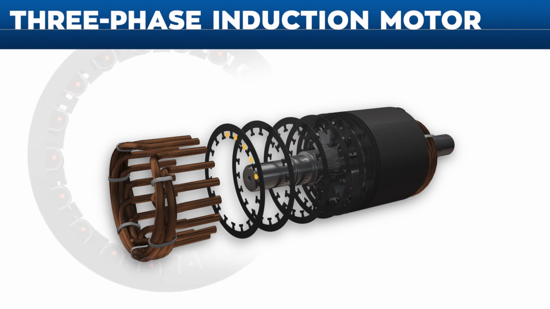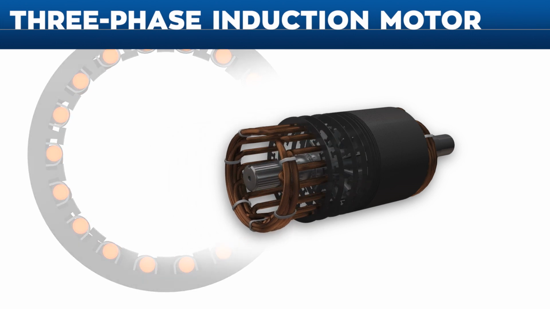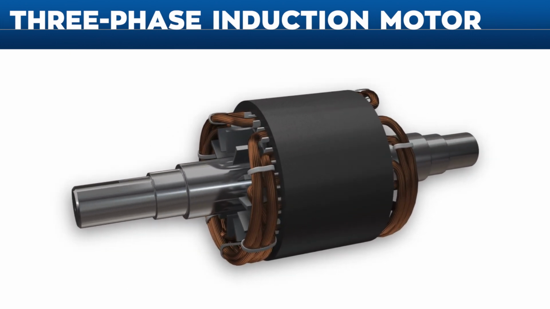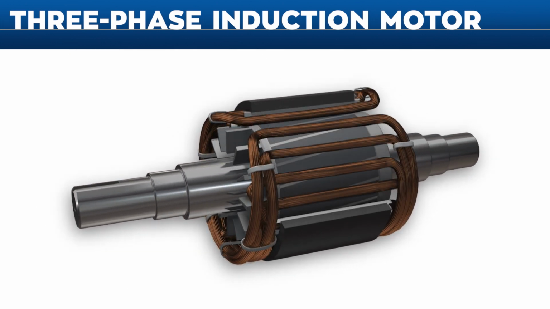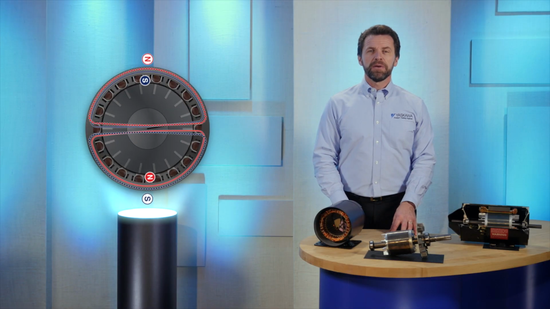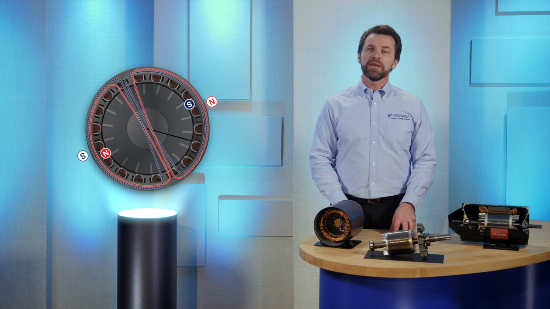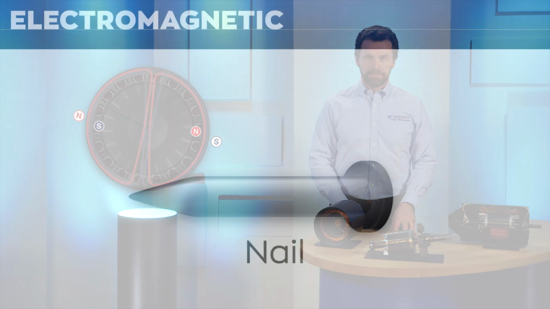These plates have slots in them, which allow insulated electrical windings to pass through the core. The stator windings are distributed around the stator in such a way that when current flows through them, the stator produces a magnetic field. To better understand how the magnetic field is produced, think about the electromagnetic demonstration you may have seen back in science class.